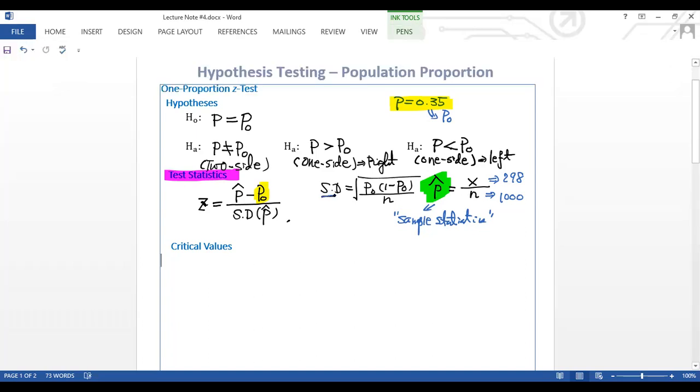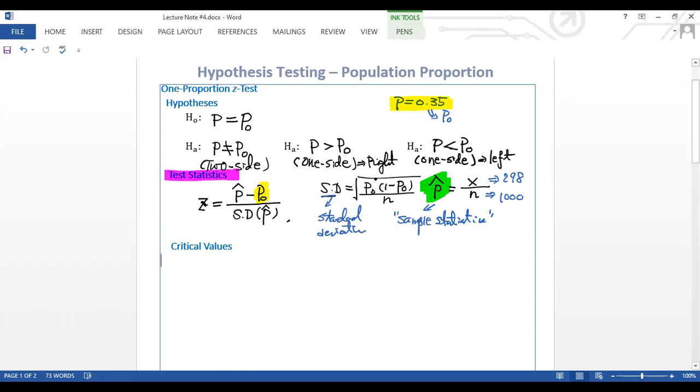So you put in the standard deviation. The formula here, you just put P0, which is 0.65, then 1 minus P0 is 0.35, then N is 1,000.